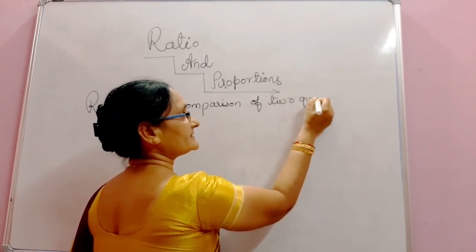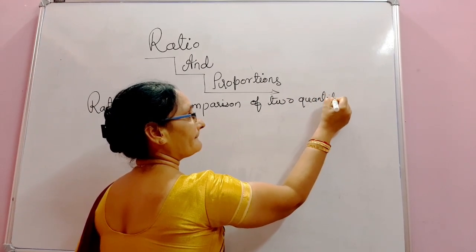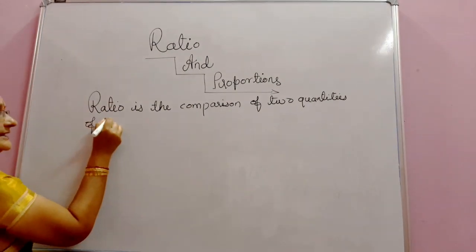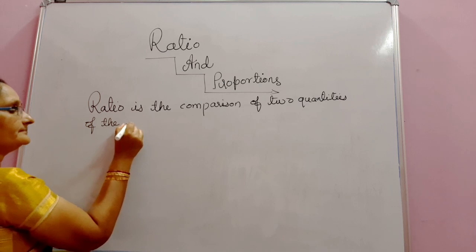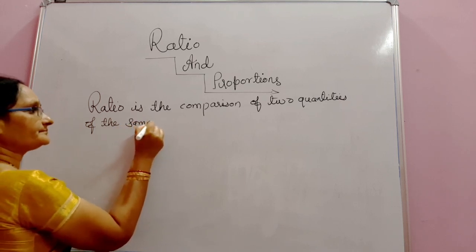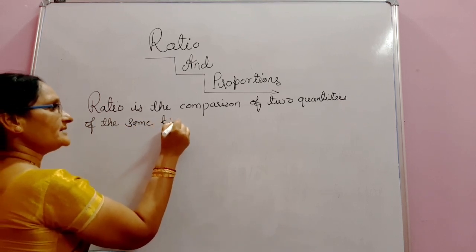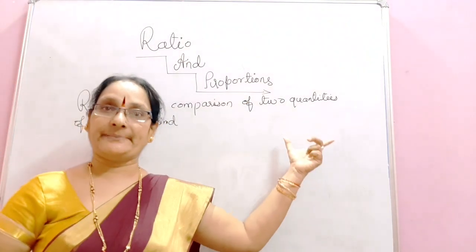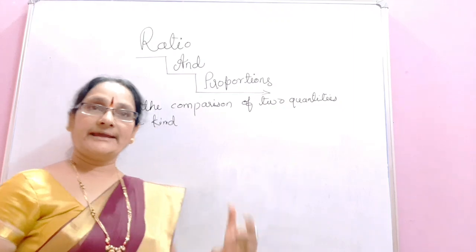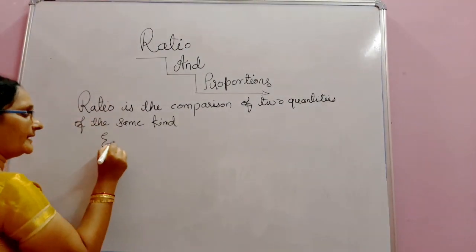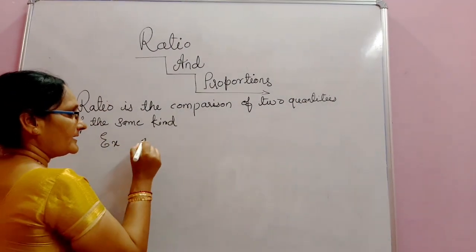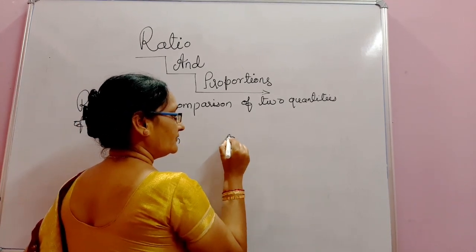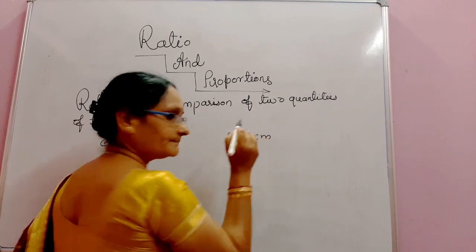Two quantities of the same kind. What does it mean? See here, comparison of two quantities. For example, now I compare 10 centimeter and 50 centimeter.